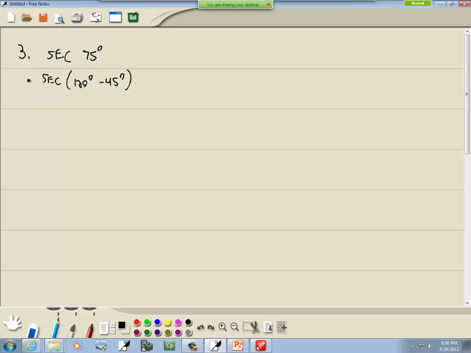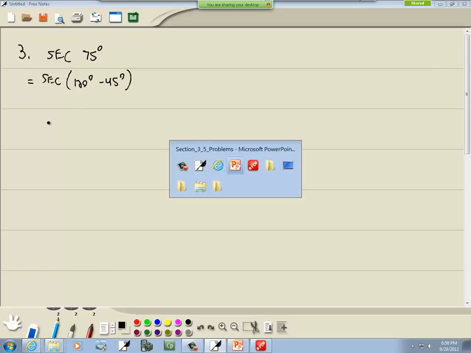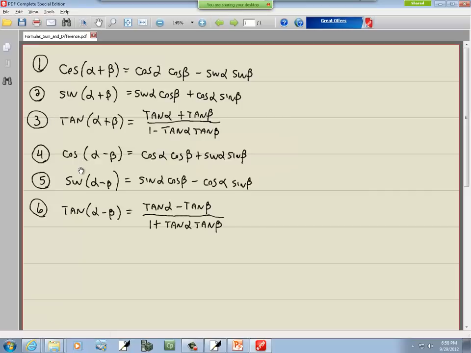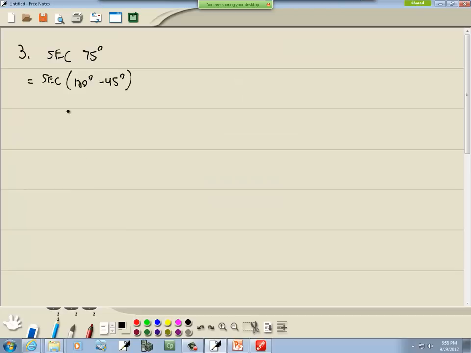Well, we don't have a formula for secant. If we look over here, we just got cosine and sine and tangent. Well, that's easy enough. Secant is 1 over cosine. So I can rewrite it that way.